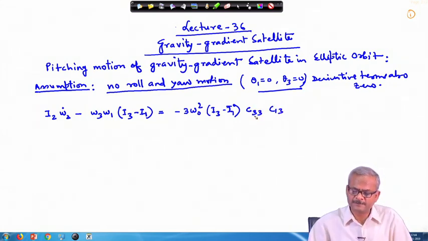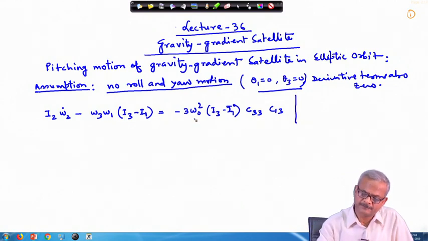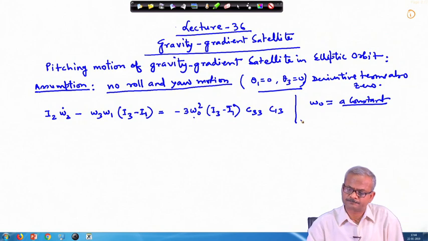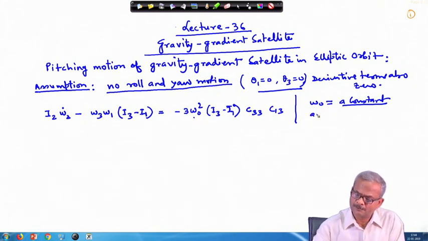Okay, this is the way we have described, but here this we have written for the case where omega 0 is a constant, meaning it is moving in a circular orbit.